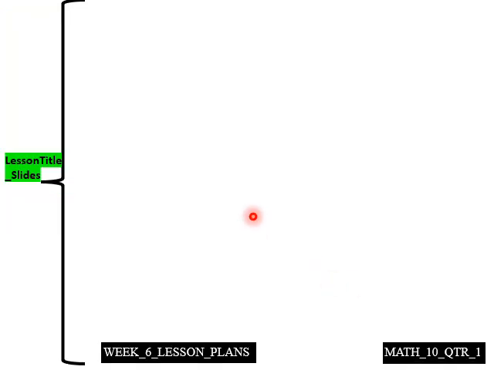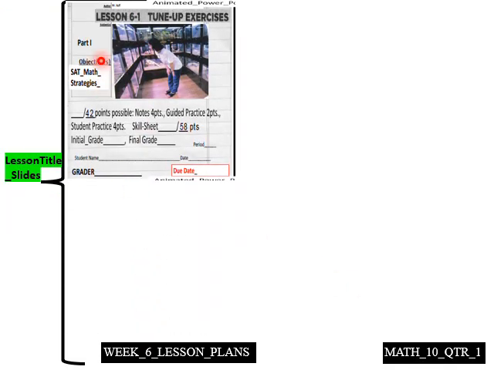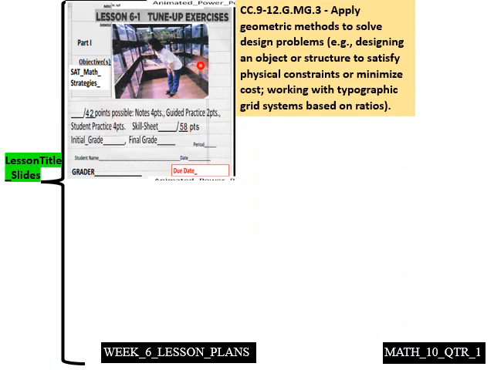And then finally here for week 6, we go into our tune-up exercises for 6.1, which is what we previously prepared for here. 58 points here for our tune-up, 42 points in note-taking.